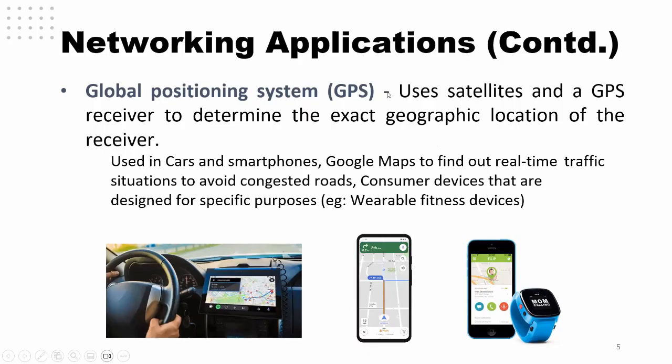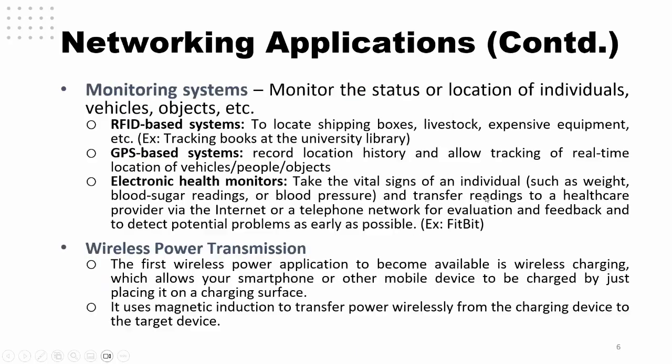I think you all are very familiar with these things. As you can see in Google Maps applications, cars, smartphones, and wearable devices all come with a GPS system where you can track your geographic location using satellite signals, which is also an application of networking.